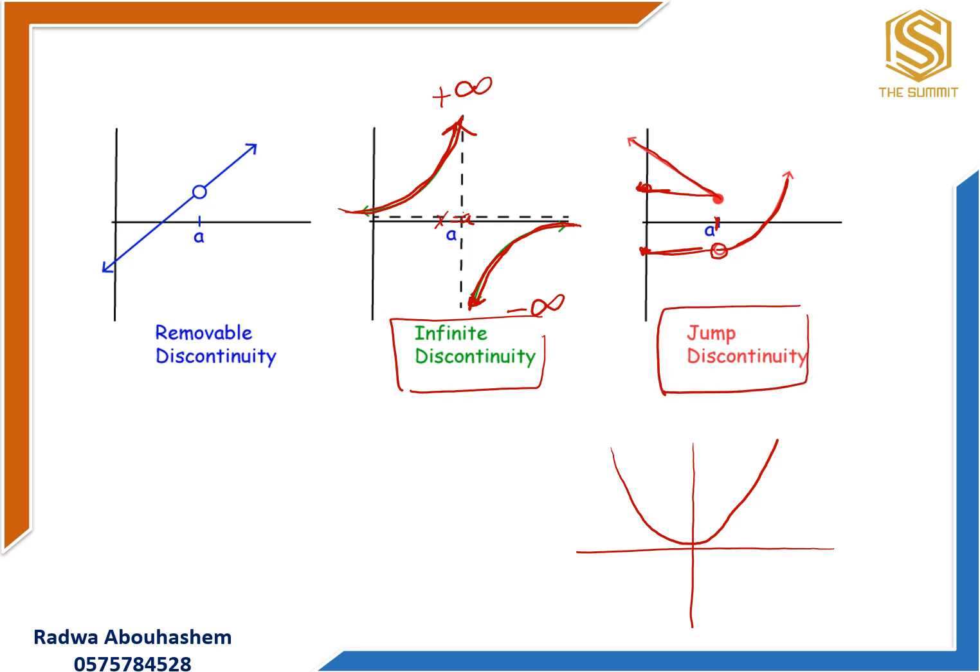Also here you have a removable discontinuity, and we express it as a hole in the graph. But let me give you an algebraic expression explaining this. It happens when you cancel a bracket from the numerator and denominator. Let me give you an example: x power 2 minus 4 over x minus 2.